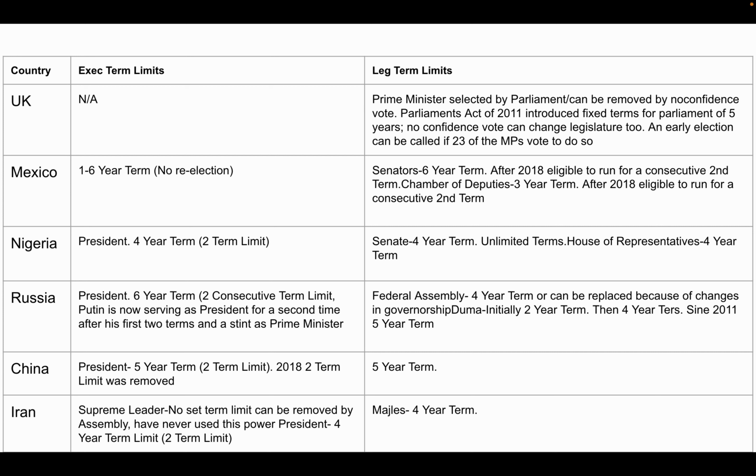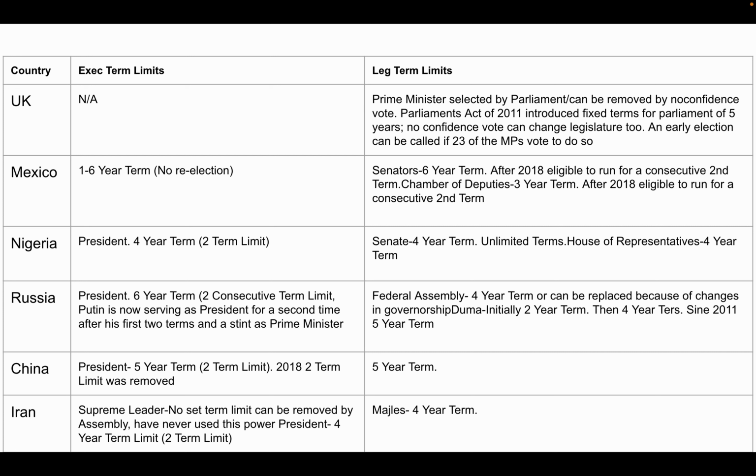After 2018, senators are eligible to run for a consecutive second term, but again, limited to 2 terms. The Chamber of Deputies serve a 3-year term, and after, again, a 2018 law, are eligible to run for a consecutive second term.